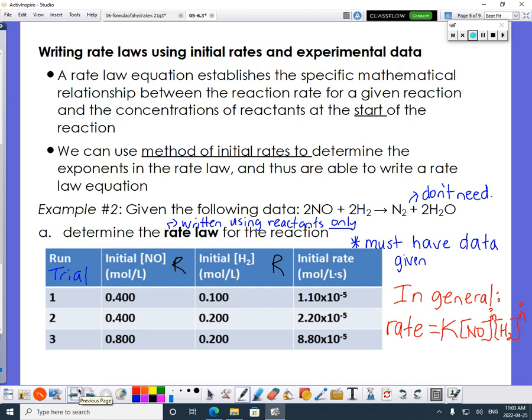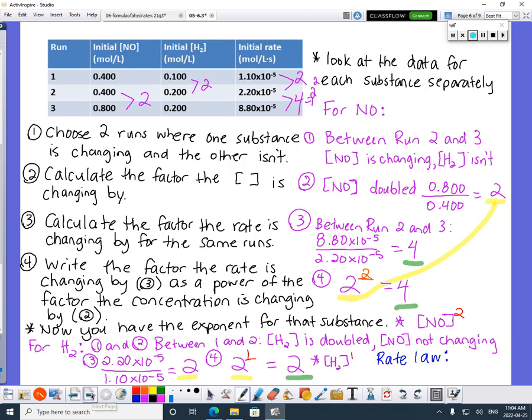Now all we have to do is put in the numbers we just found. So it's always the same. Rate equals k. Every rate law should look like that. And then we found NO has an exponent of 2, and H2 has an exponent of 1.